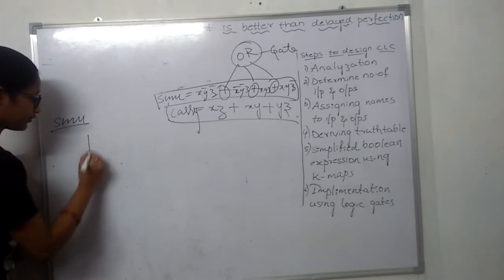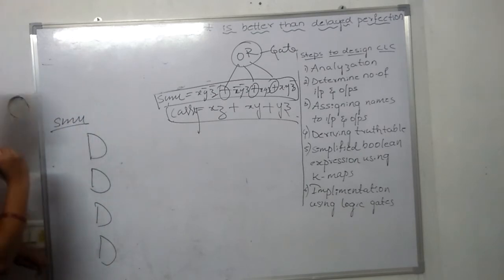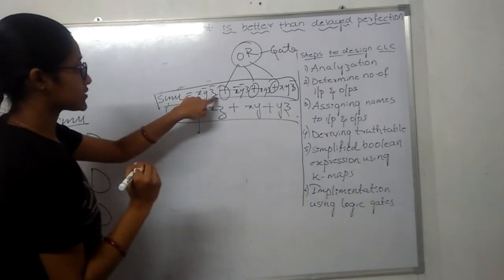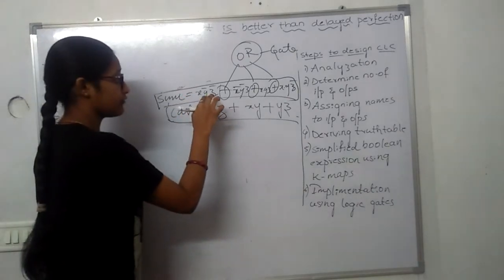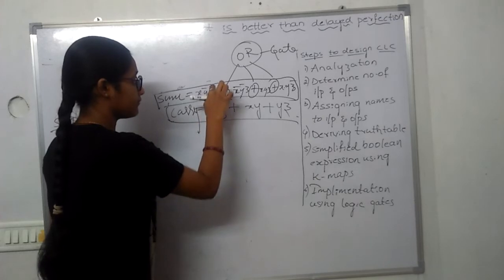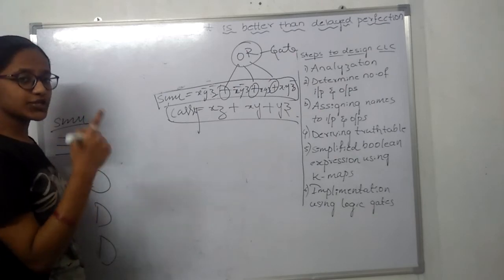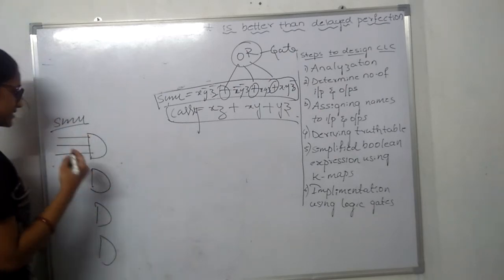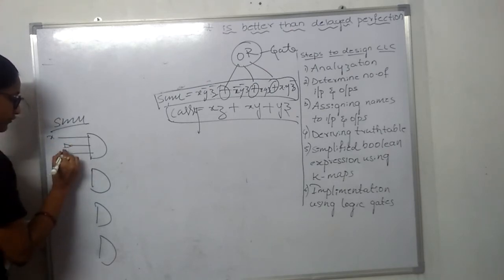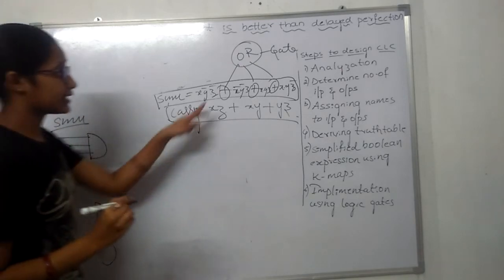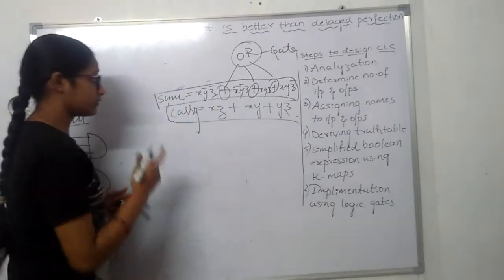So we have to take 4 AND gates, and then we have x, y, z. For x bar, y bar, z bar we give it to a NOT gate, which inverts the variable.